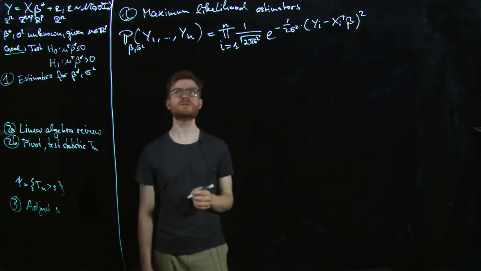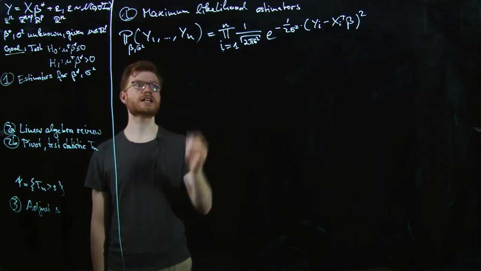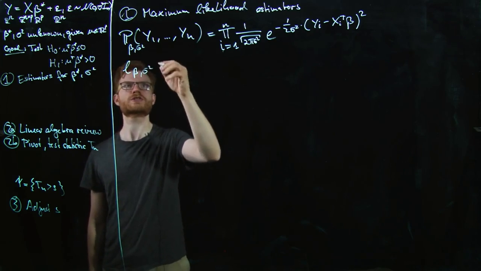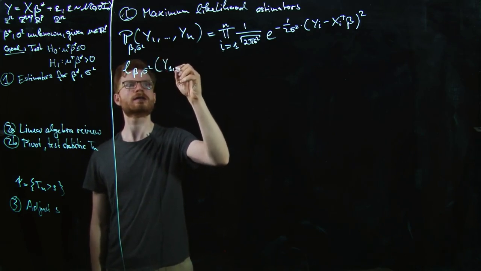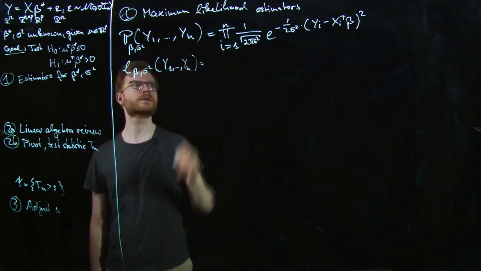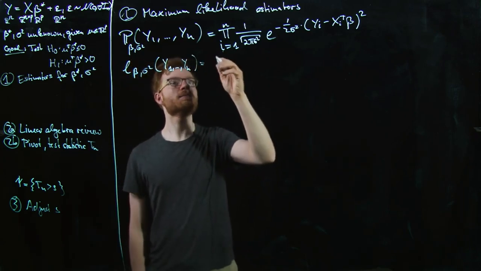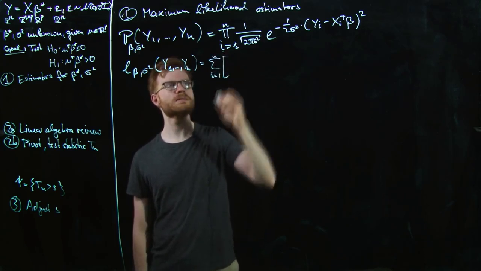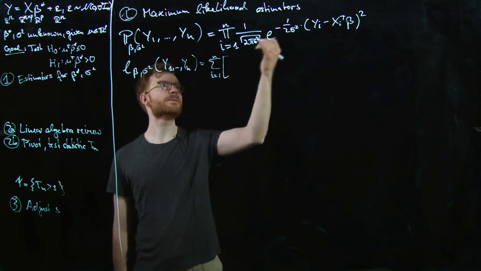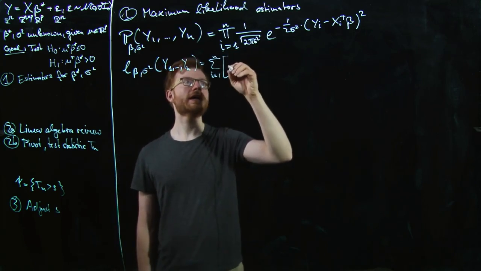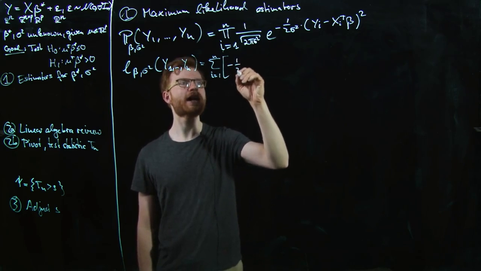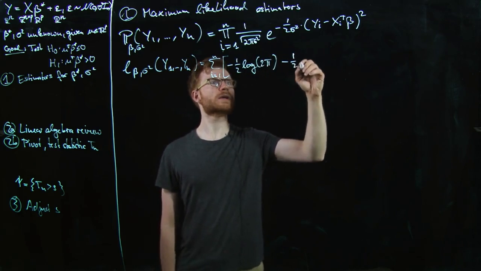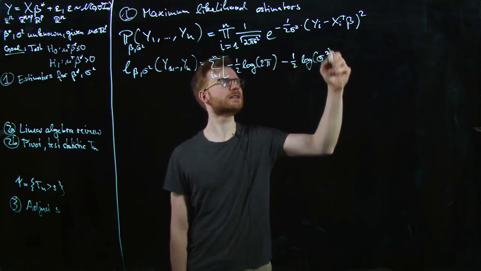And as we always do, it is often nicer to consider the log likelihood. So let us instead consider L, the log likelihood of beta and sigma squared. So what happens if I take logs? The product turns into a sum. So this is going to be a big sum. This prefactor I can write as minus 1/2 log of 2 pi minus 1/2 log of sigma squared.